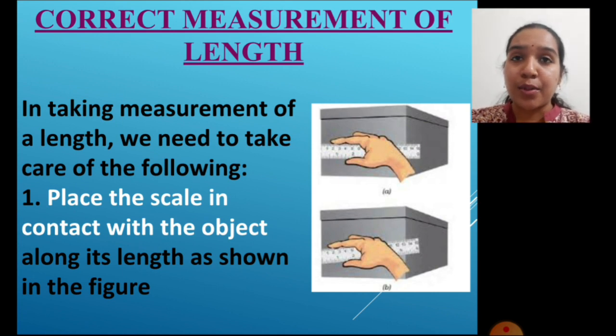First, observe the image here, and upon seeing which you can understand that you should always place the measuring scale or the ruler in contact with the object you are measuring along its length. If not placed in contact with the object, the results may show some errors or the scale may be tilted while measuring.